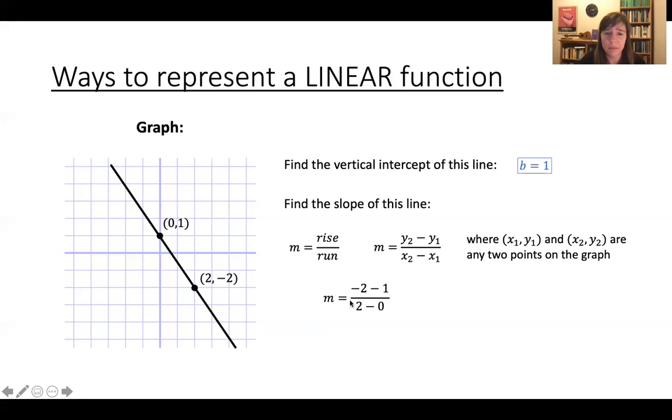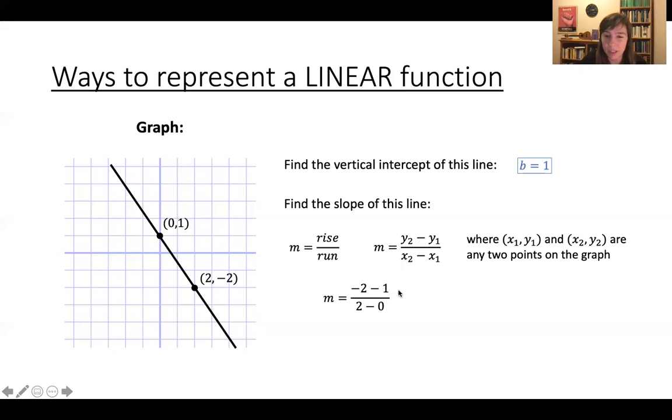So m is going to be, I mean, the real hassle is just dealing with these negative signs and making sure that you don't make any sign errors, which happens to me so often. Okay, so let's make sure I put this in right. Our y2 is -2 minus y1, which is 1. So we have -2 minus 1 on top, and then x2, which is 2, minus x1, which is 0.